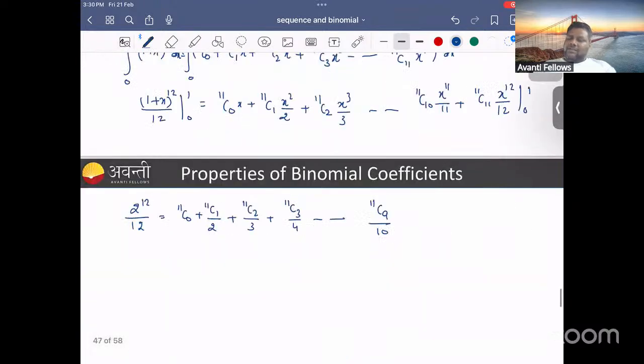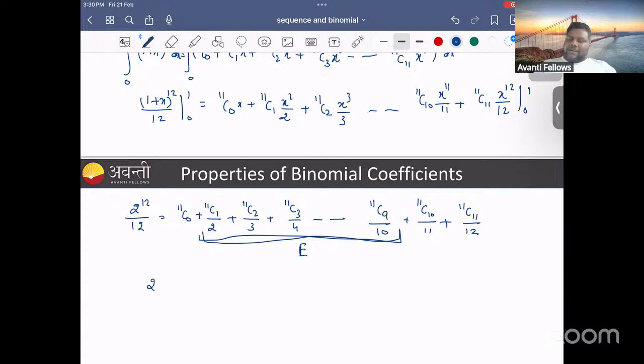Then 11C10 upon 11 and 11C11 upon 12. Correct? Now you are looking for the value of this term. See, this entire term is expression E. So 2 to the power 10 upon 3, divided by 4.